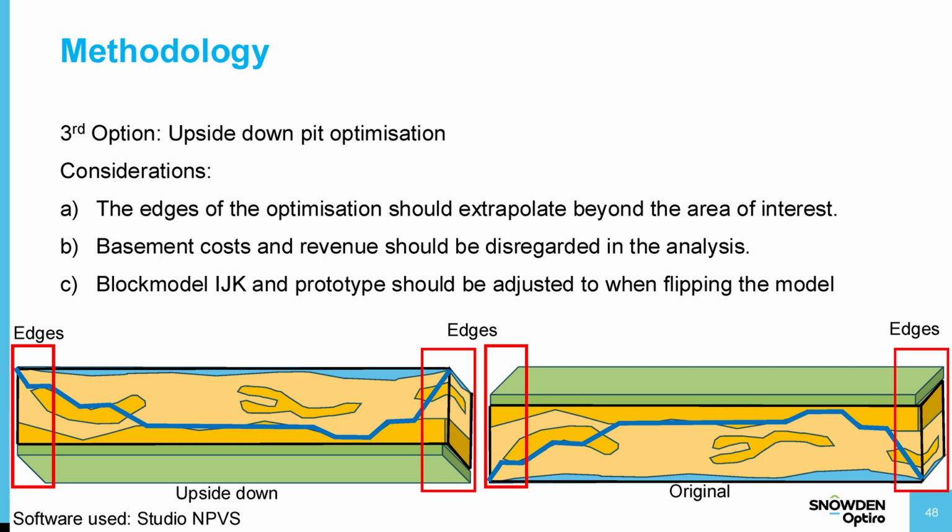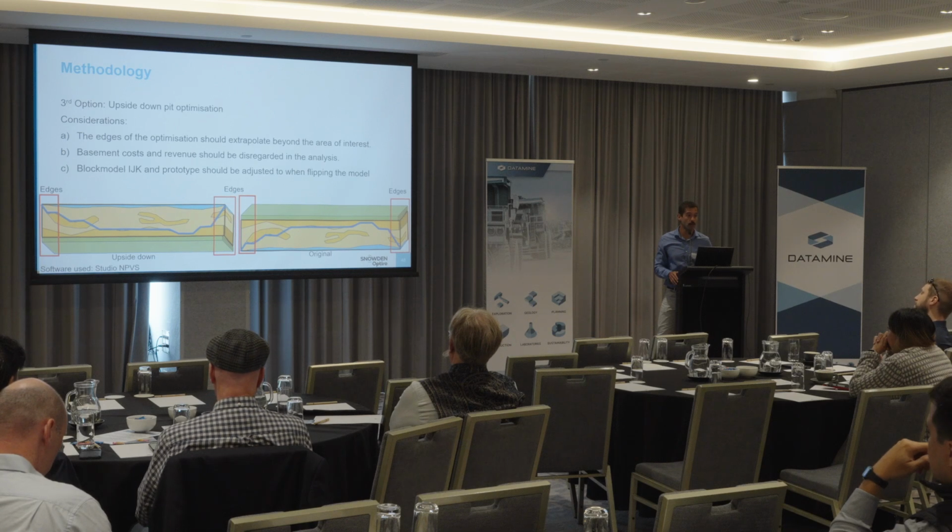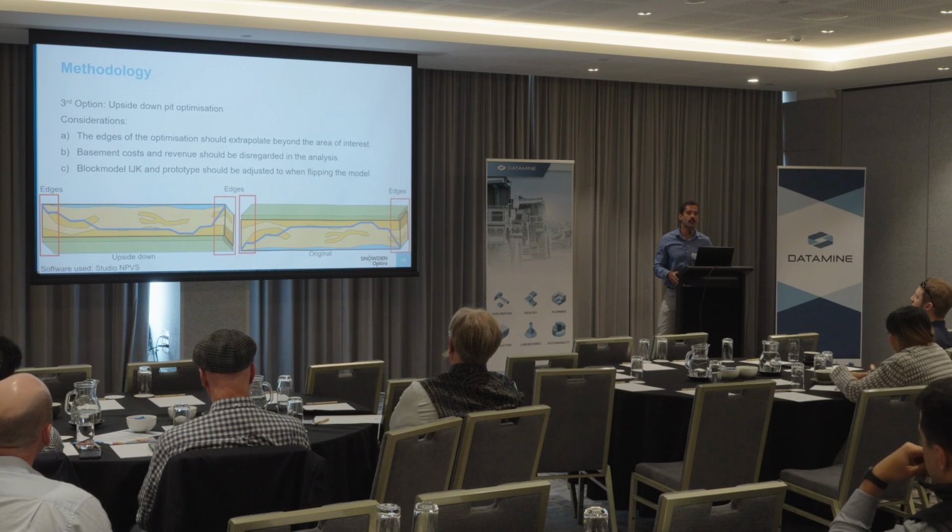And the last one is that the operation to multiply the z coordinate by -1 is not really simple, because you need to adjust the whole prototype of your model and make sure that your IJK blocks are reordered in the right manner.